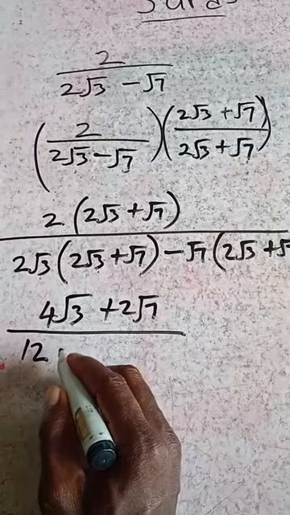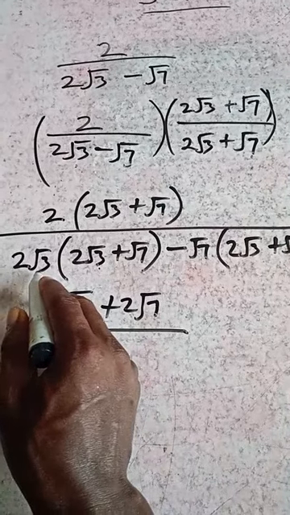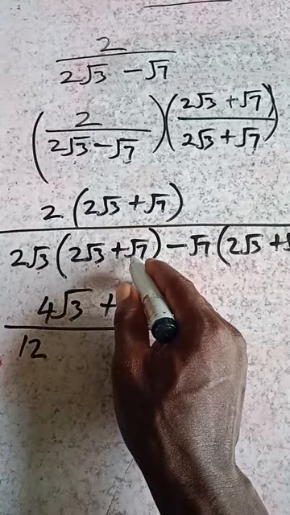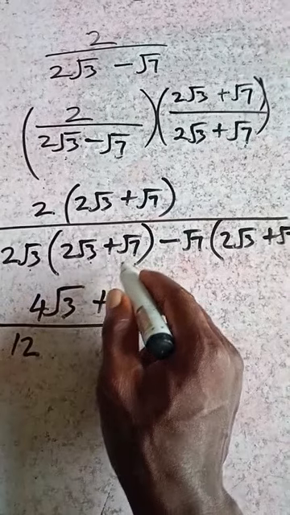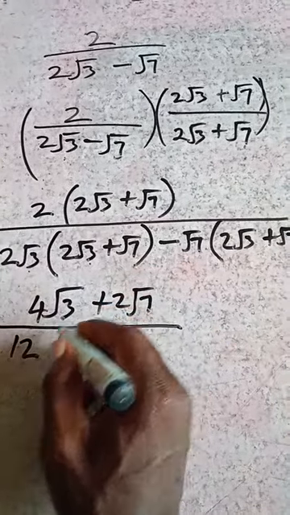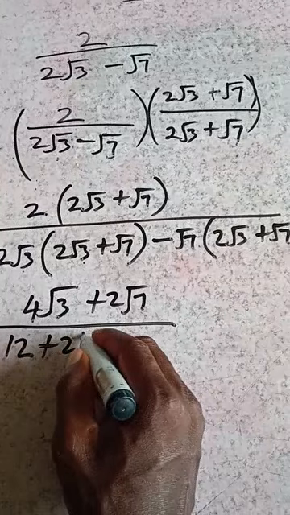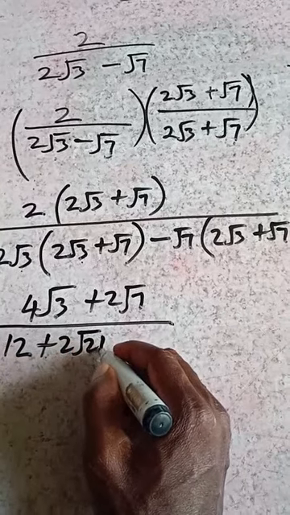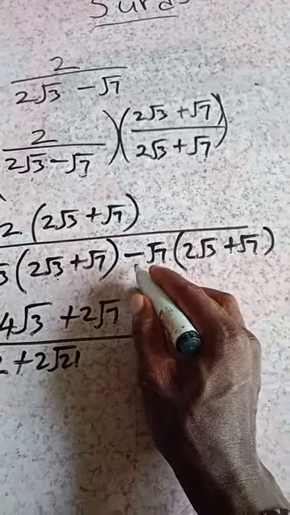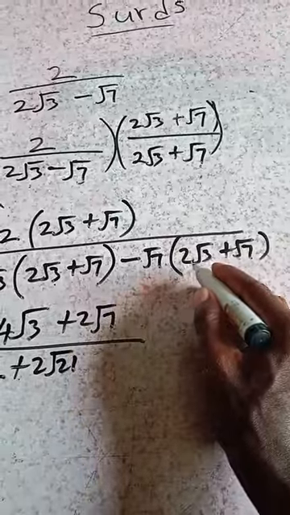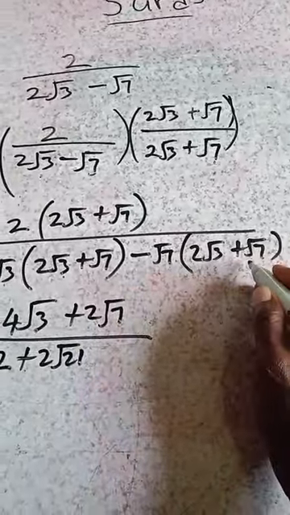Alright. Then 2 root 3 times plus root 7. 2 root 3 times root 7 will be, the roots are not the same, so it will be plus 2 root 21. Then this time around we are going to use minus root 7 to multiply 2 root 3 and root 7.